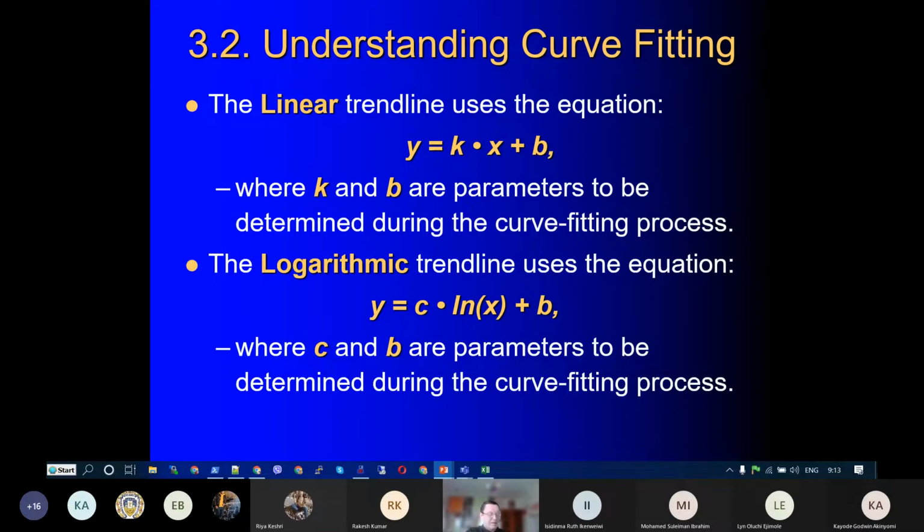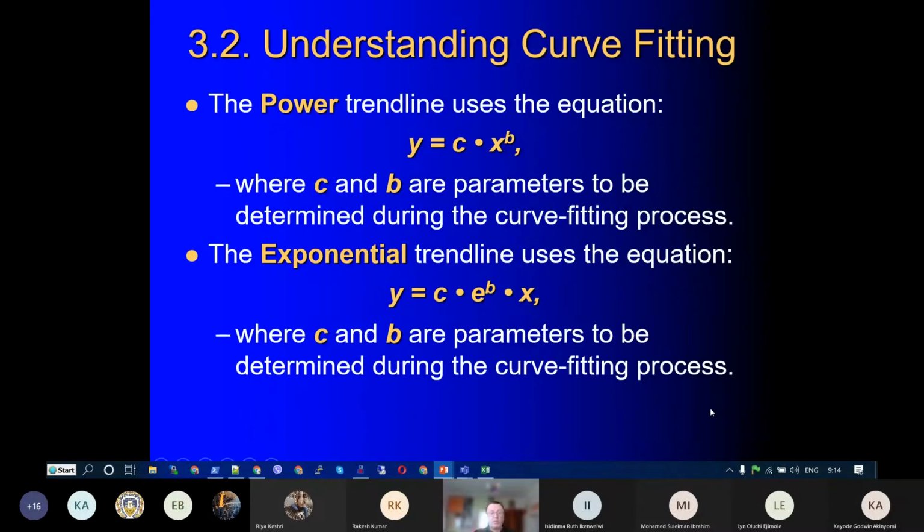So let's remind ourselves of the most common models. A linear trend line, for which we need to know at least two coefficients, can be determined during the curve fitting process. The logarithmic trend line is dedicated to identification of the C and B parameters of the logarithmic model.